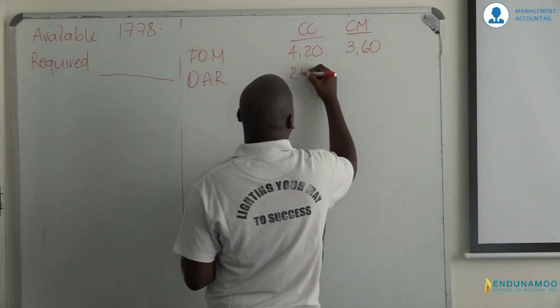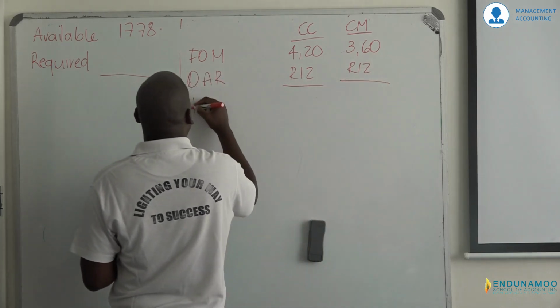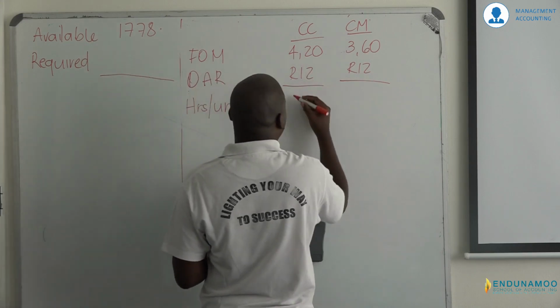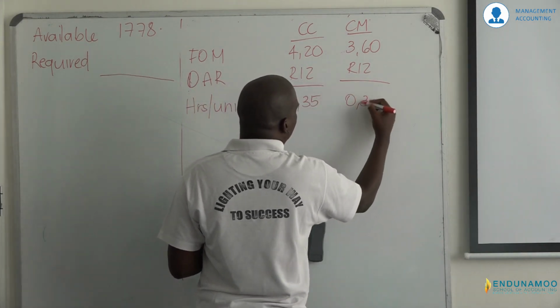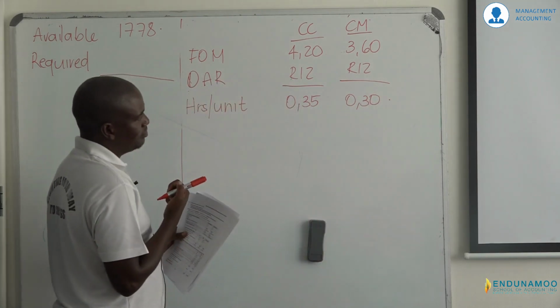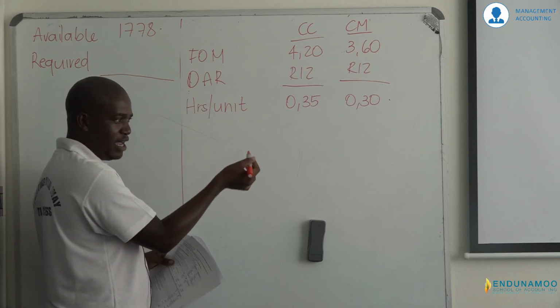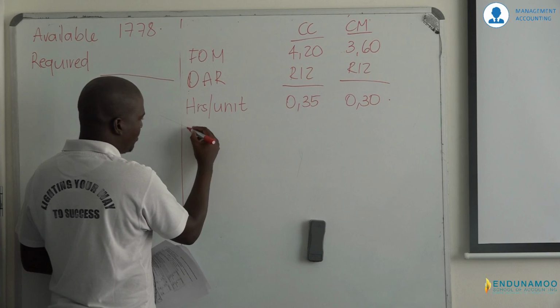Then we said that the overhead allocation rate is 12 rand. And with this information, we can get the hours per unit, which is how much? 0.35 and 0.3. Then what is the next thing to do from here? Once I've determined how much is required per unit, I need to ask for the budget.